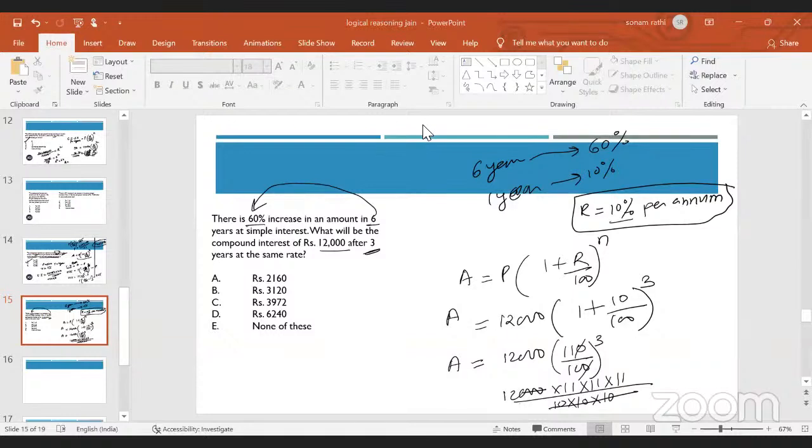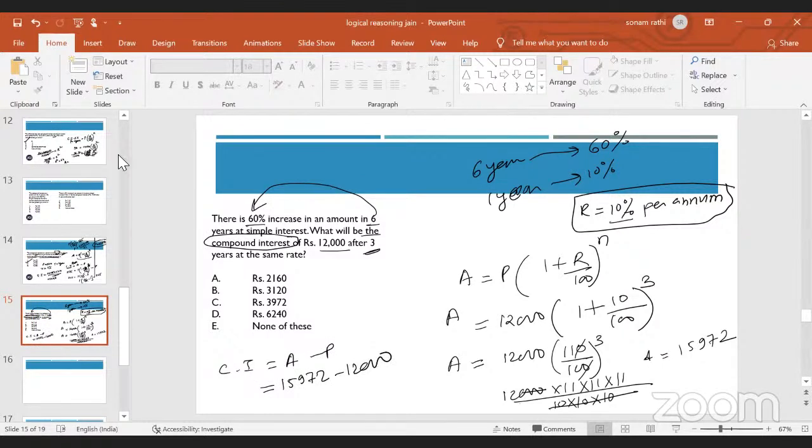Yes, amount will be 15972. Correct? When I calculate this, I will get 15972. But read the question, what are they asking you? They are asking you compound interest. So CI is equal to amount minus principal. Amount is 15972 minus 12,000.